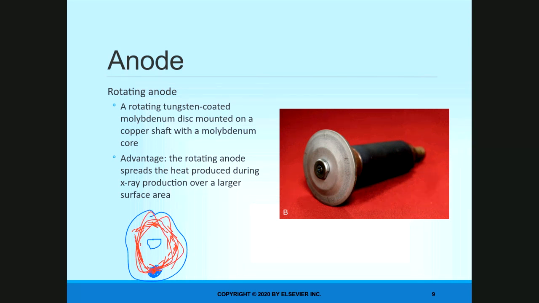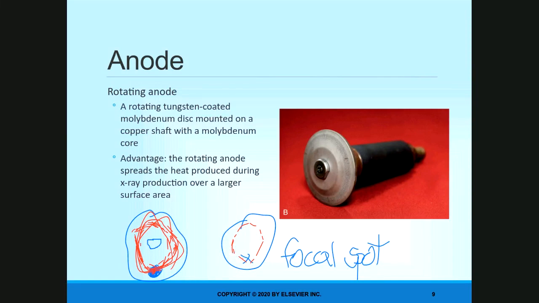So when you have that anode, what we're actually talking about is the area that you strike right here is called the focal spot. Focal spot. That is the exact area where X-rays are created. Okay, but what happens is that when you strike that and it's moving and you spread it out like this, you actually create what's called a focal track.